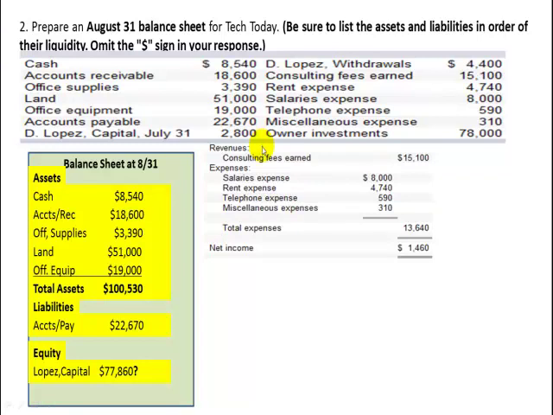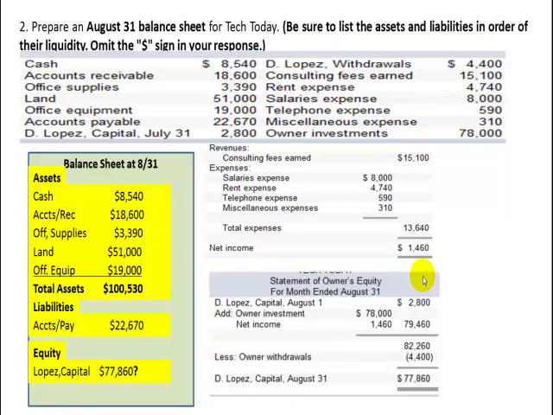You have revenues minus salary expense, rent expense, telephone expense, and miscellaneous expense. Add all these expenses up, get a total expense of 13,640. Subtract that from your revenues of 15,100 and come up with a net income of 1,460.